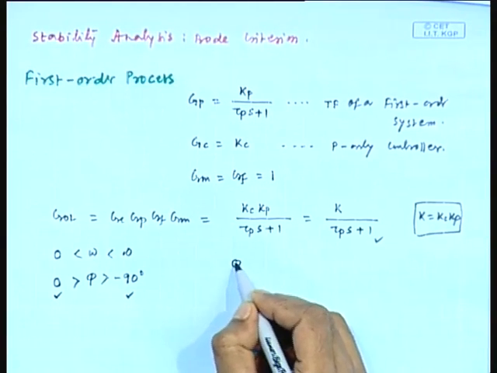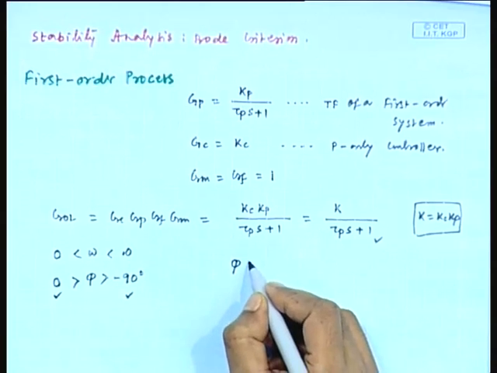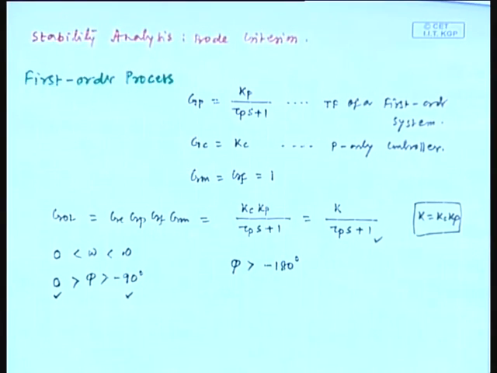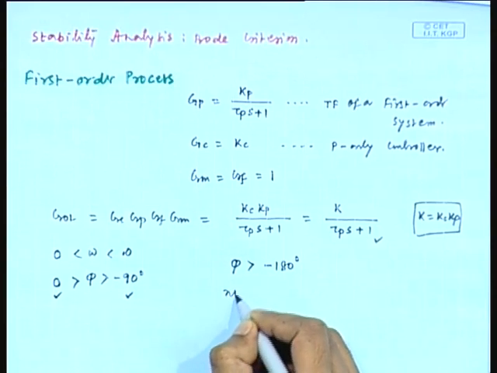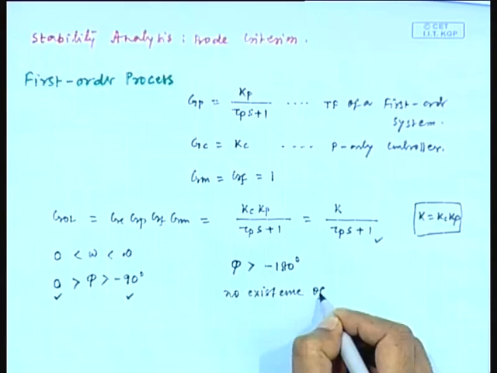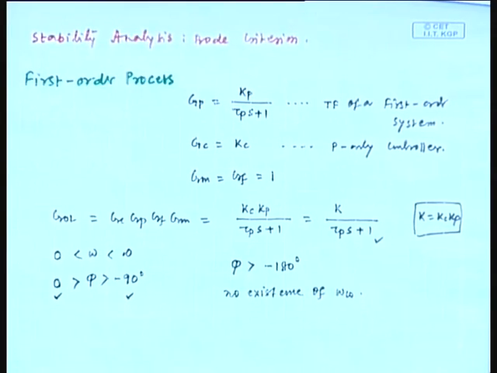So, what does it indicate? Phi is always greater than minus 180 degree. Agree? That means there is no existence of crossover frequency. So, what about stability?